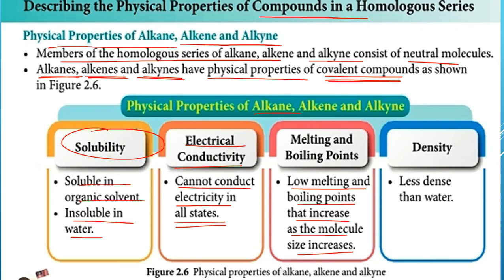Meaning here, although the melting and boiling points are low, they will increase as the size of the molecule increases. Density: less dense than water. This is the physical properties of alkane, alkene, and alkyne.